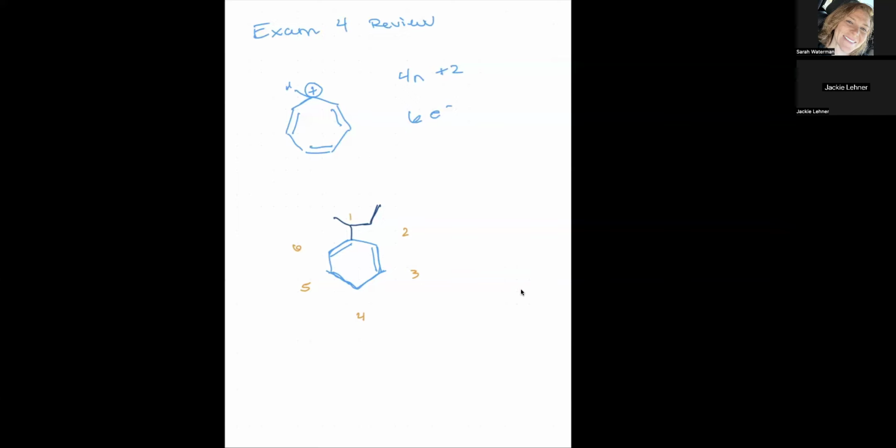Oh, okay. All right, I'm just going to redraw this a little bit better. 1, 2, 3, 4, 6. And then you have the propane plus another methyl, and then you're saying that it is KMnO4, boiling.